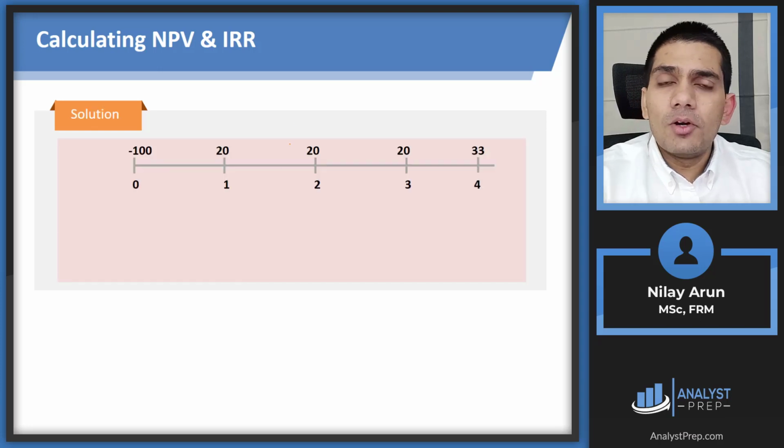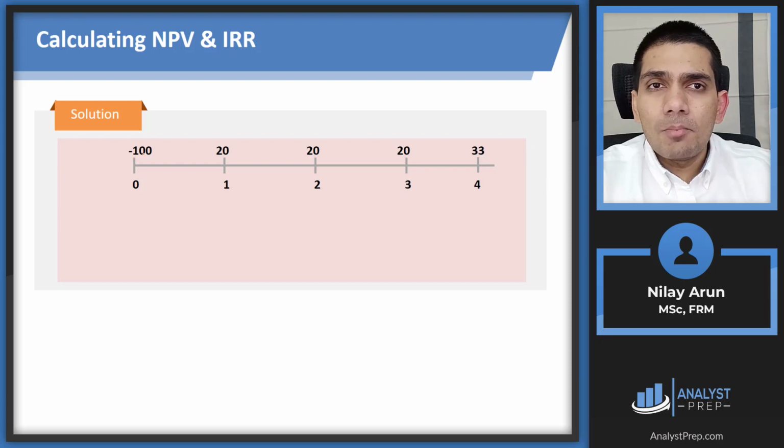Now, how do we go about calculating the NPV? We can't compare minus 100 to this 20, this one, or this 33 directly. So we cannot net out the cash flows like this. We always have to do it on a present value basis. So we take all of these individual cash flows, so the 20 occurring in year 1, we discount it to year 0.